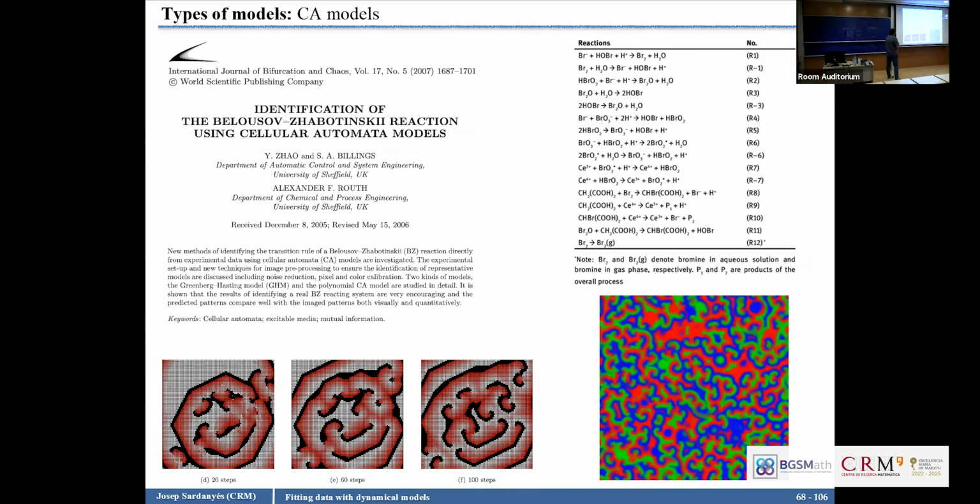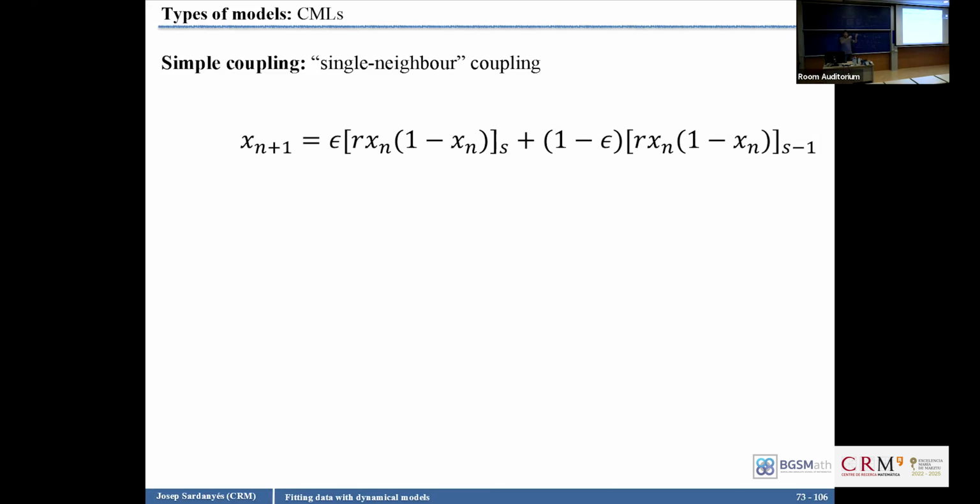And this is the left neighbor, s-1, with parameter 1 minus epsilon. It means that if epsilon is 1, we have an uncoupled system. We have two logistic maps in site s and site s-1, but they are not coupled. If epsilon is smaller than 1, then we couple the system.